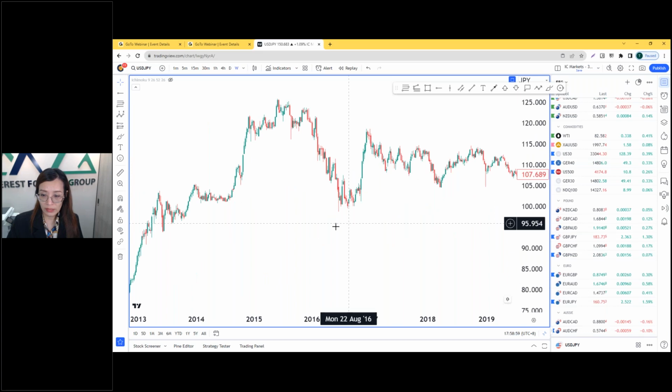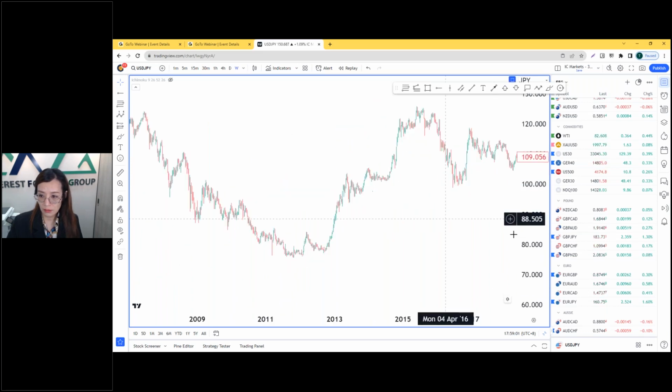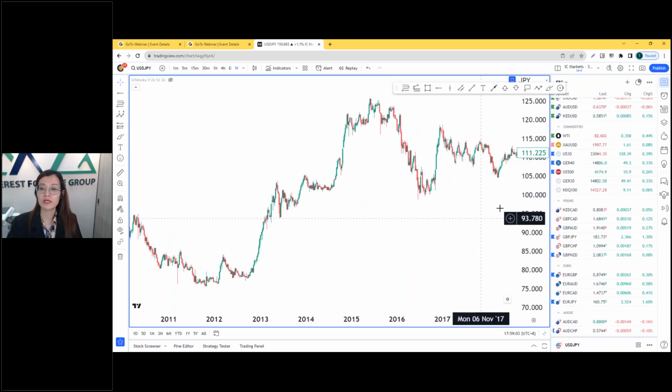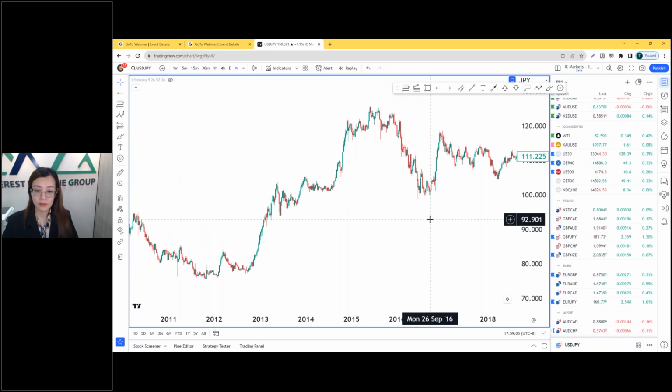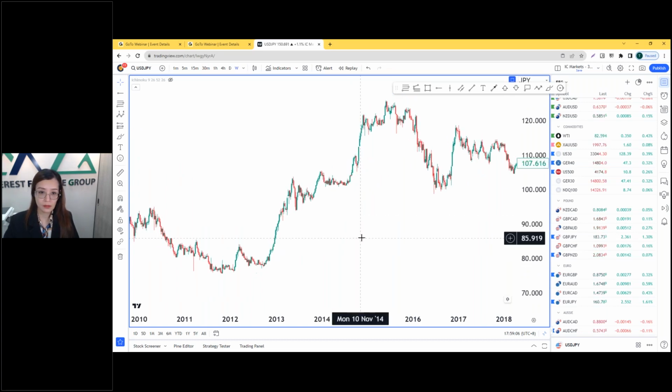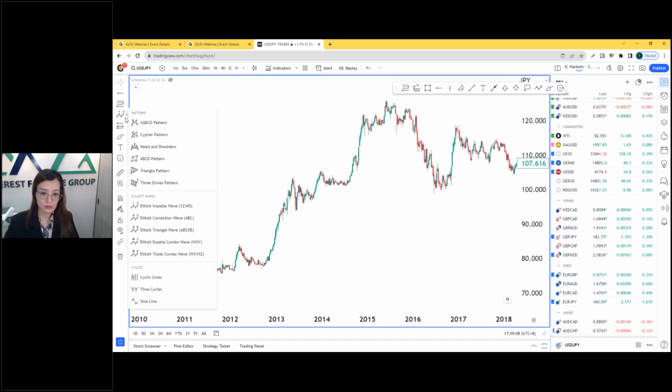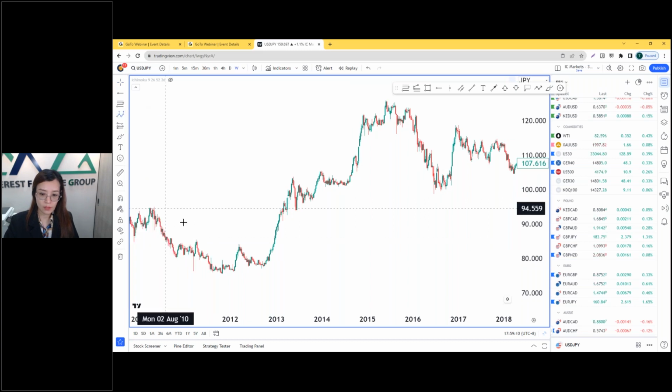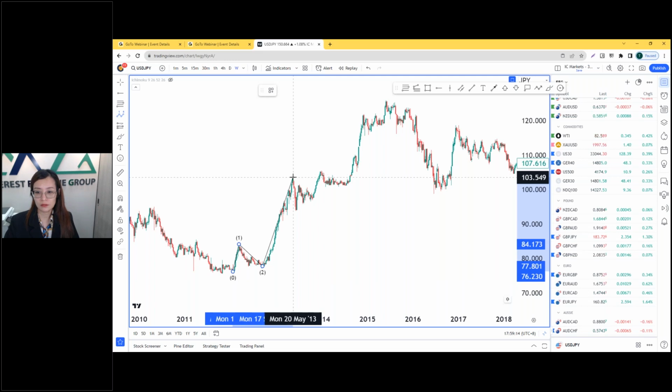Let's say on the weekly, maybe I might find, for example, maybe here, I can find the wave, like 1 2 3, maybe I pick this as 1 2 3 4, and this I call 5.